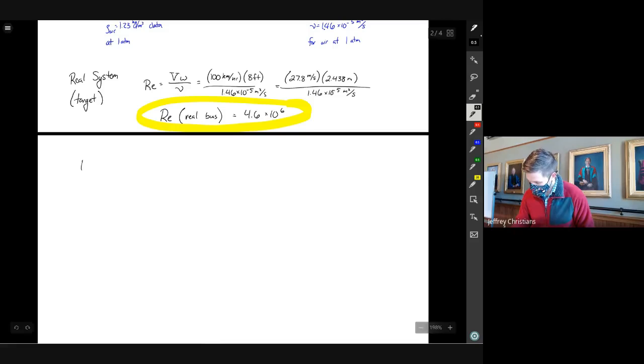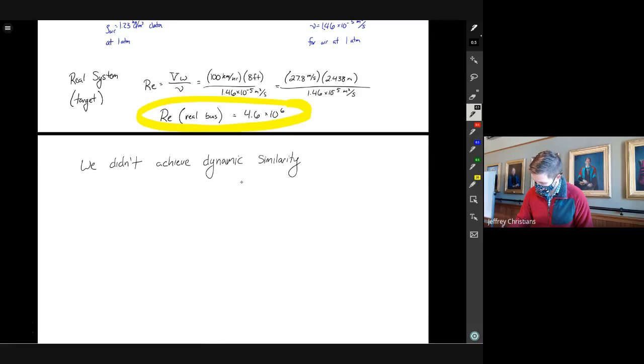So we didn't achieve dynamic similarity.